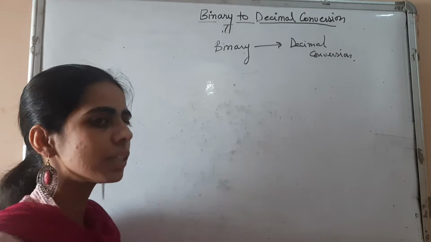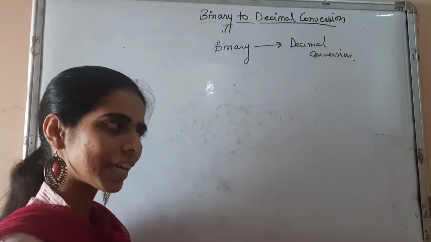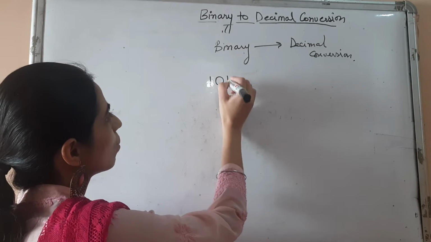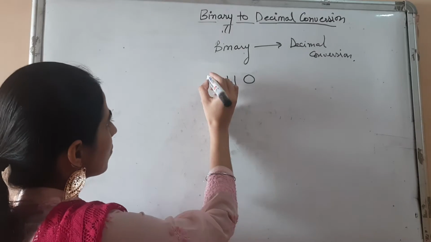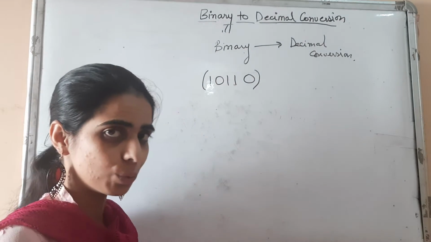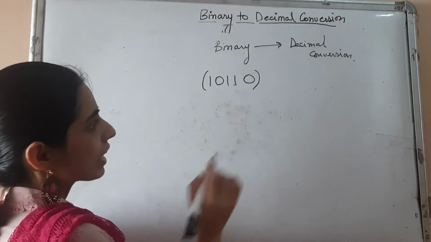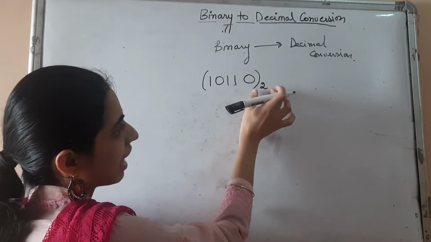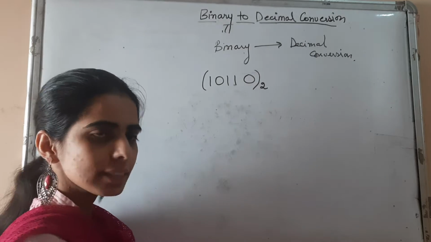So binary numbers, as I told you, is a combination of zeros and ones, okay? So let's write any combination of 0, 1, 1, 0. Suppose this is the binary number, and I told you that children, binary numbers have a base of 2. So what I need to do, I need to write a small 2 beside this bracket.